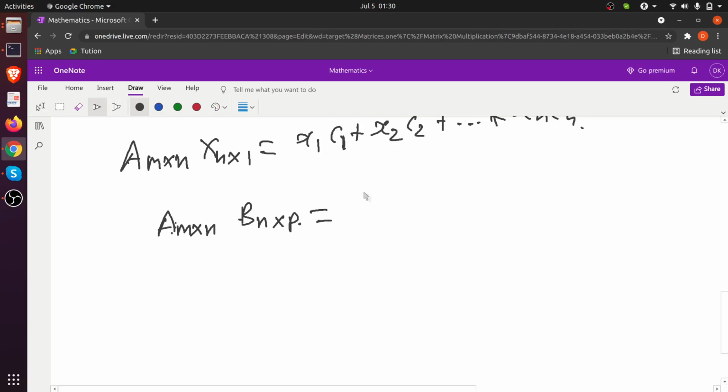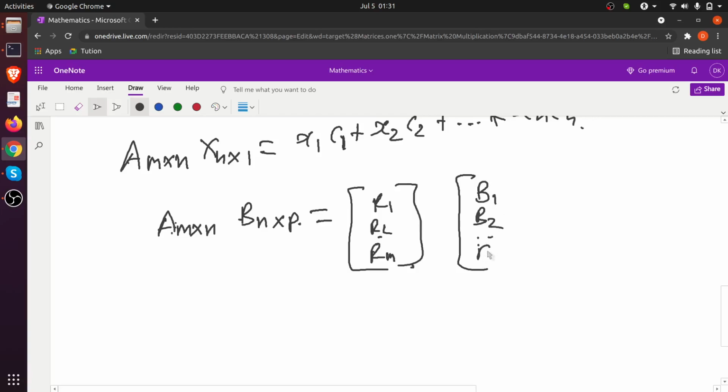For example, we can divide matrix A into m row vectors r1, r2 up to rm, and divide B similarly into n row vectors b1, b2 up to bn. Now we can multiply row 1 with this entire matrix and get the first row of the resultant matrix. Similarly, we can multiply row 2 with this entire matrix and get the second row of the desired matrix.